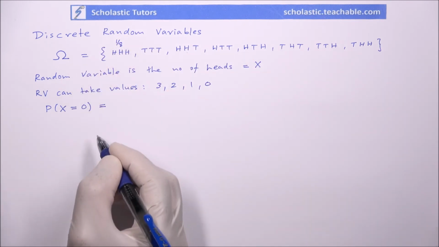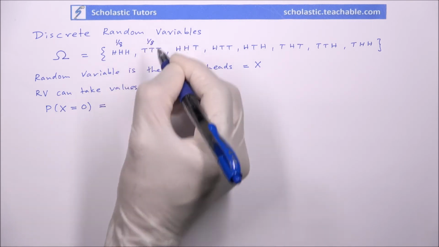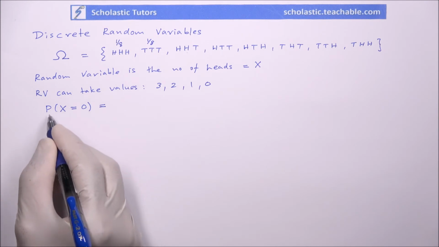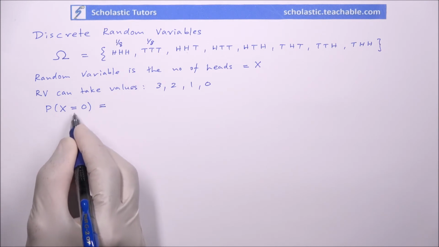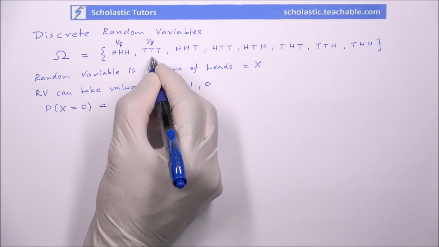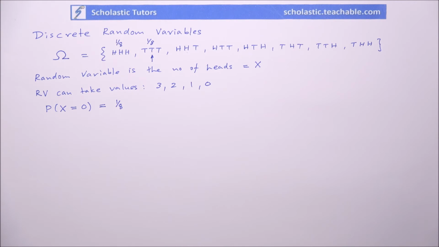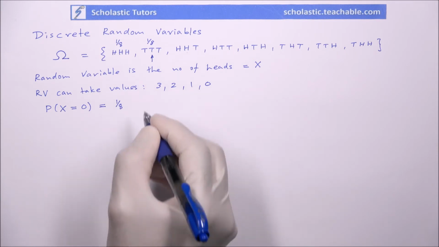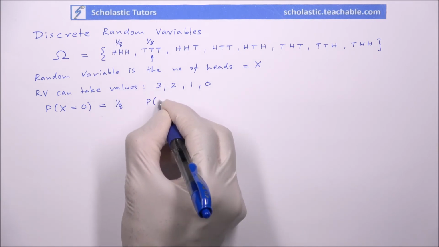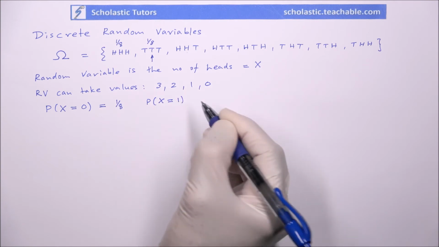So the probability of getting x equal to 0, that means no head, is 1 over 8. Easy, isn't it?